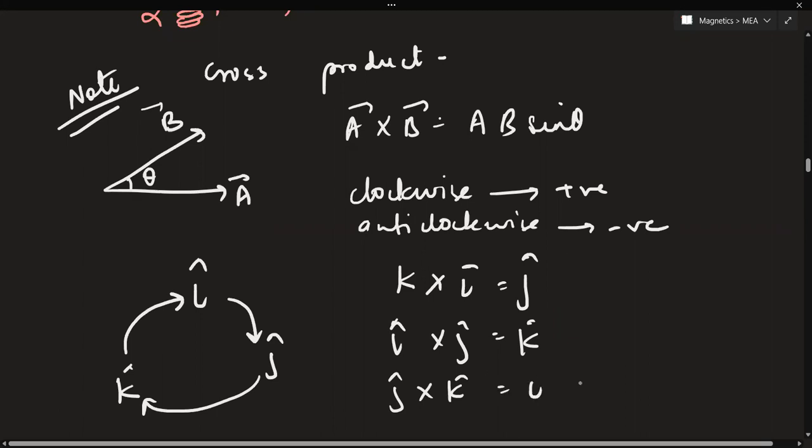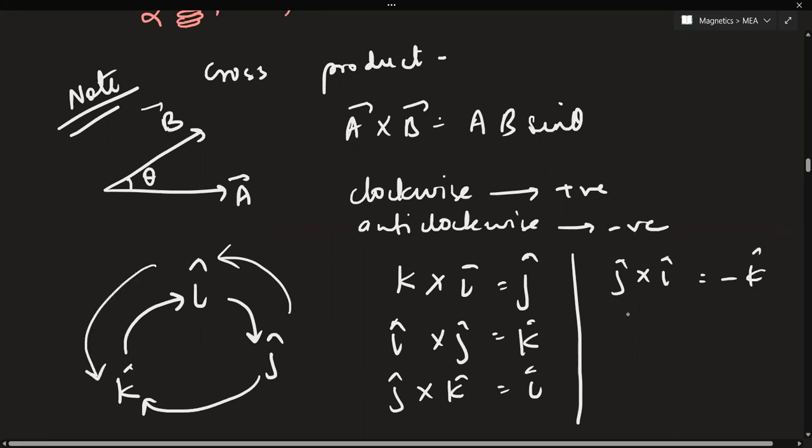So all these are positive. If you move anti-clockwise, j cross i gives you minus k cap. i cross k cap gives you minus of j cap, and the last one, k cap cross j cap, gives you minus of i cap.